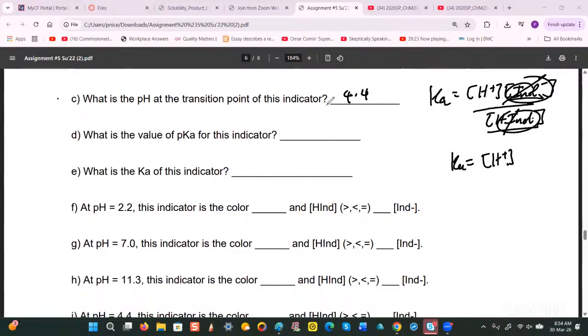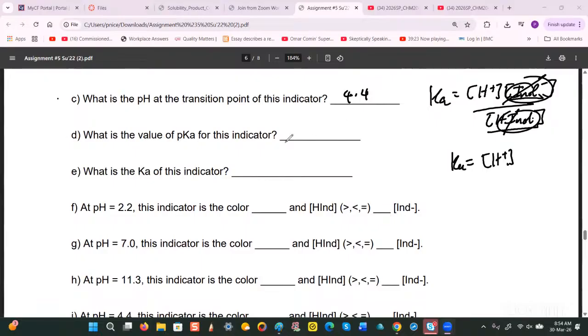Okay, somebody is saying something in the chat. Nope. Mr. David is saying minus log of 4.4. That would not be correct. Can anybody else take a stab at this?